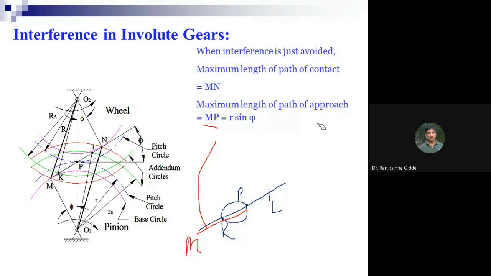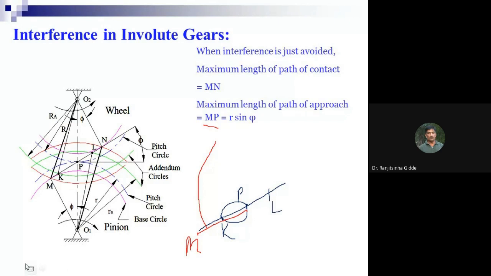When interference is just avoided, what is the maximum length of path of approach? There will be options: R sin phi, R cos phi, R sin phi plus R cos phi, and none of these. Now this R sin phi, how did we get this value?